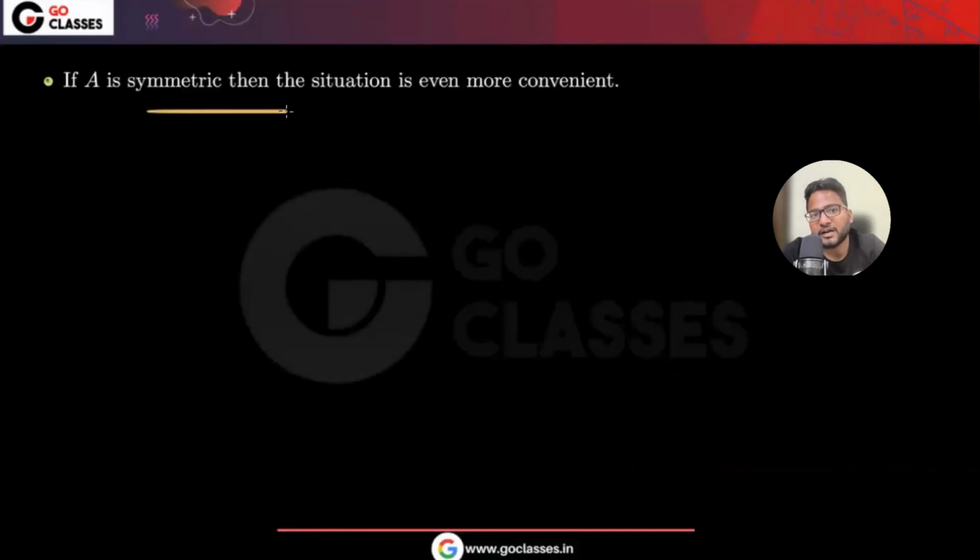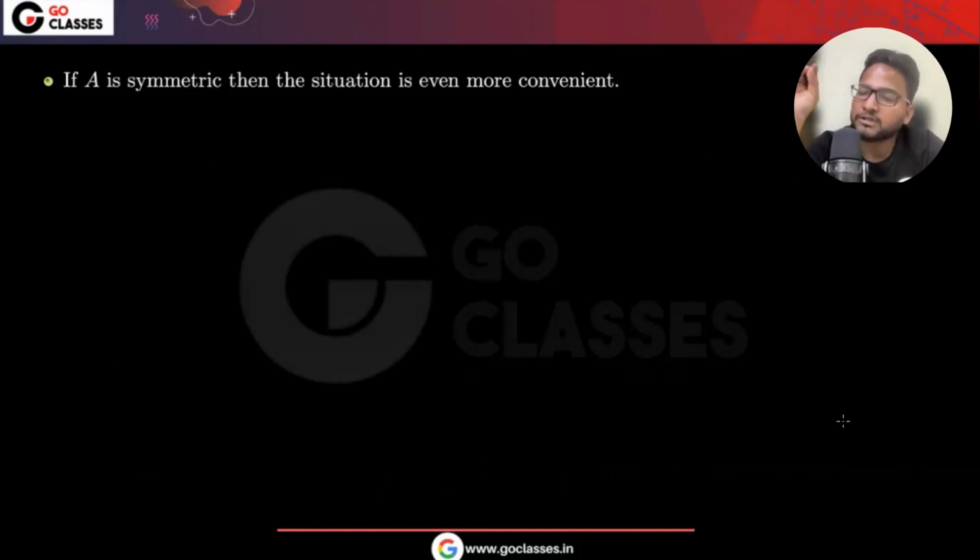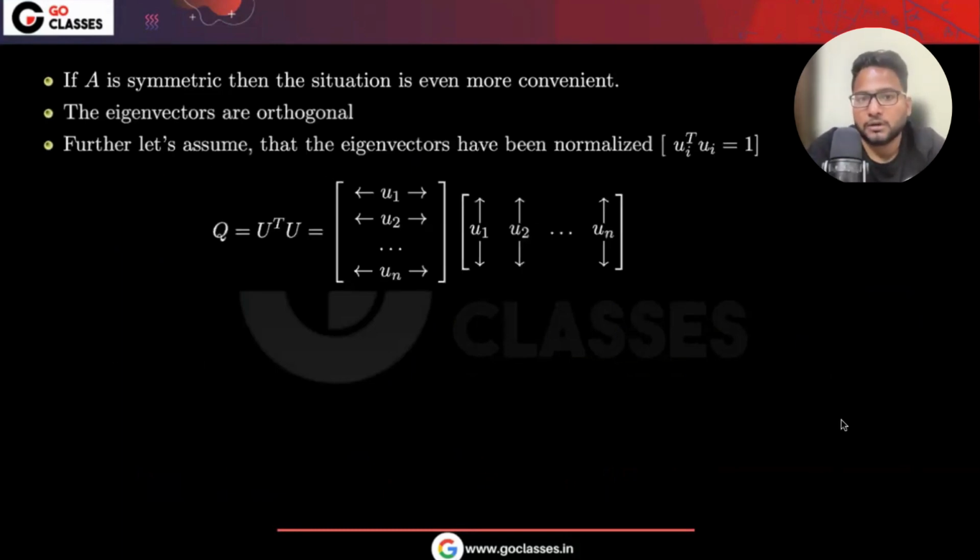Suppose A is symmetric, then the situation is even more convenient. Do you remember that for a symmetric matrix, eigenvectors are always orthogonal?